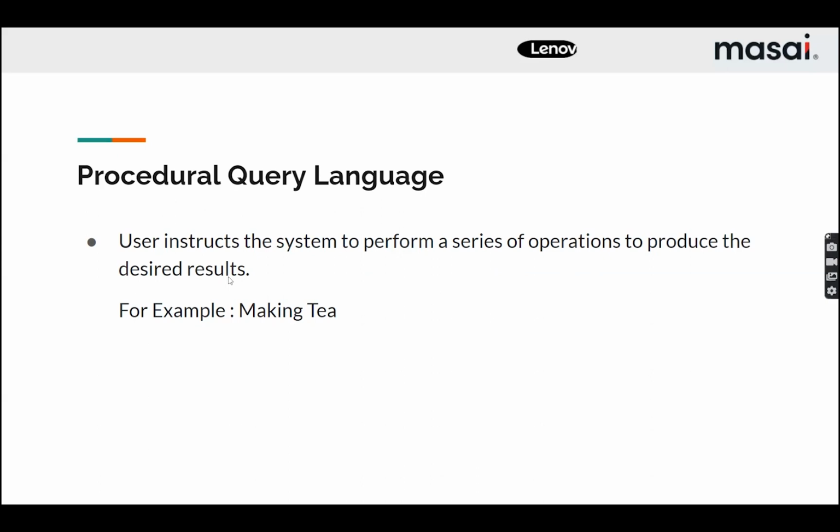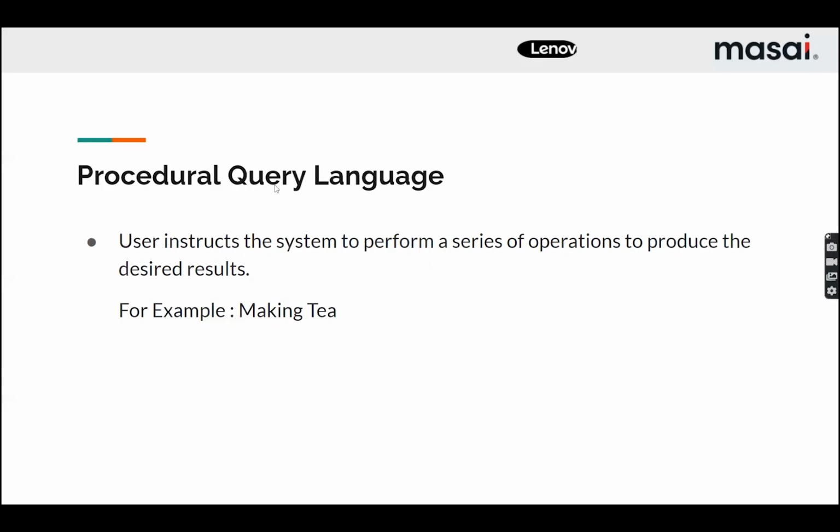But since your brother doesn't know how, you will guide him and give him all the steps: take a bowl, put some water, add some tea, add some sugar, add some milk. These are the steps you are providing to your brother, to produce the desired result. And what is the desired result? To make the tea.